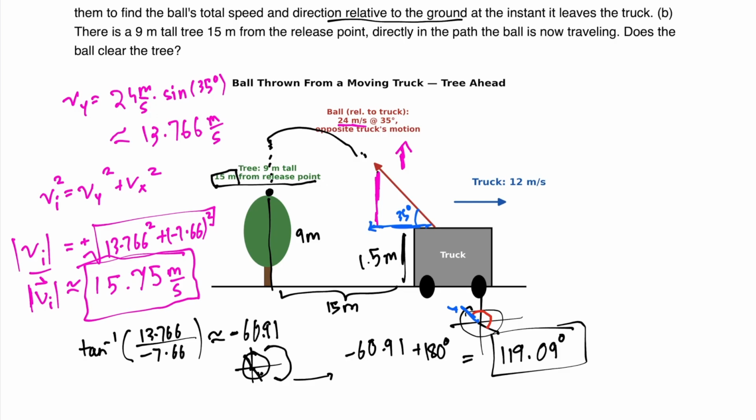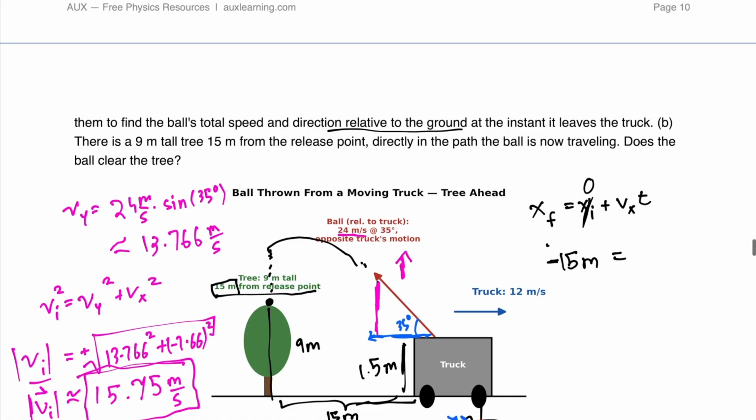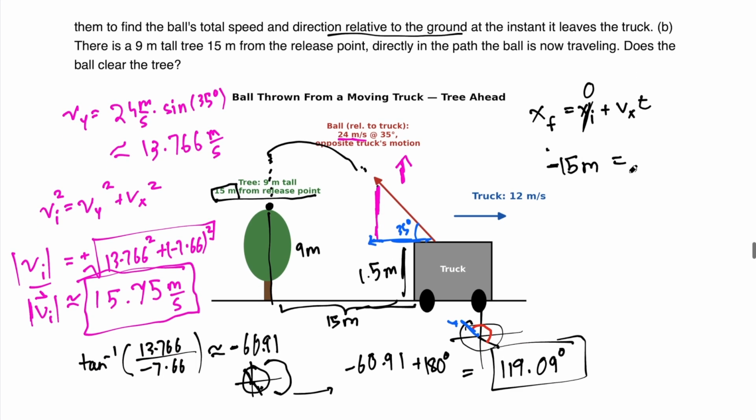Well, that's in the x direction. So I'm going to use this equation: xf is equal to xi plus vx times t. xi I can say is 0. xf is negative 15 meters because this is backwards from the truck, in the left direction. And velocity x is also a negative value, negative 7.66 meters per second, times time, right?